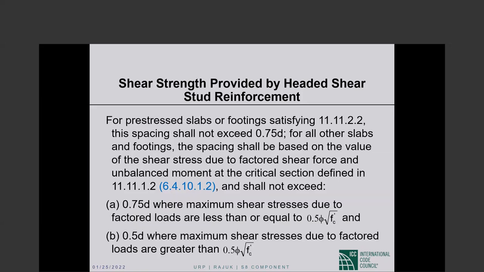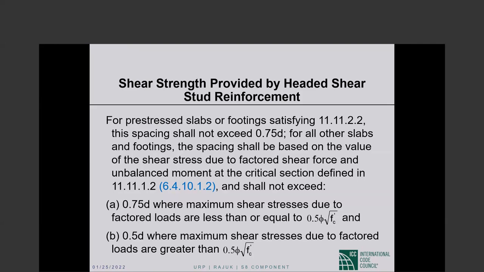So the summary of all this is the spacing of the stud legs, first of all, shall be uniform, shall be the same. That's what the previous slide said. This spacing for pre-stressed concrete, which are post-tension slabs, shall not exceed 75% of D, period.